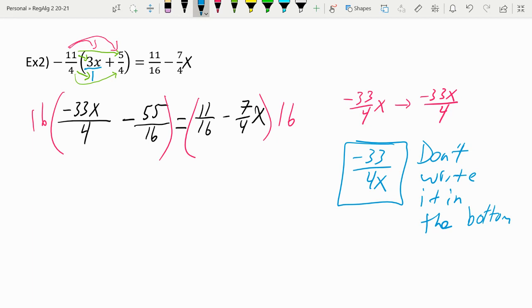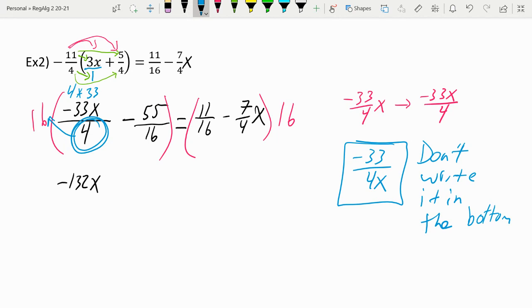So, like I was saying earlier, 4 goes into 16 4 times. So 4 times that 33. I had to get my calculator out because I'm not that smart. So 4 times negative 33, we end up with negative 132x.